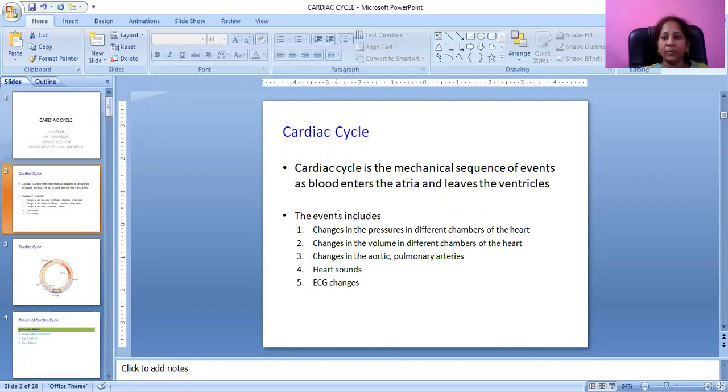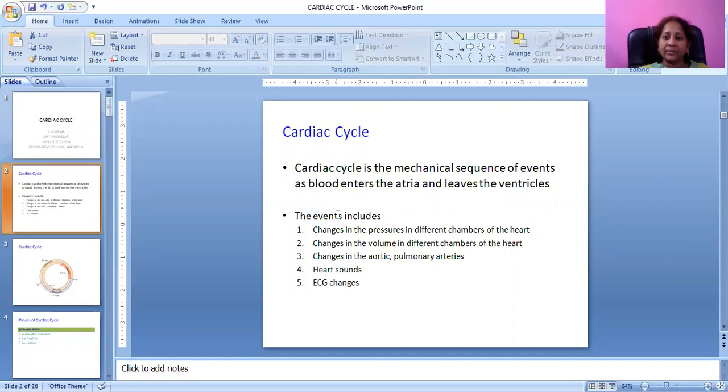As we all know, the heart is a four-chambered organ. In this, two will be ventricles and two will be auricles, that is atria. Right atrium and left atrium.